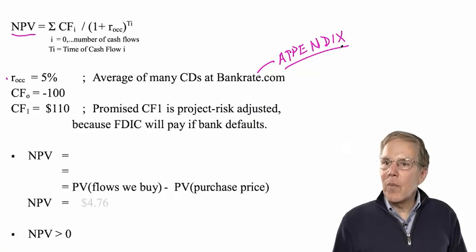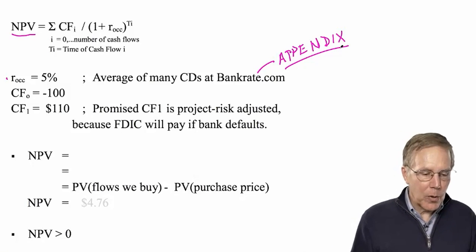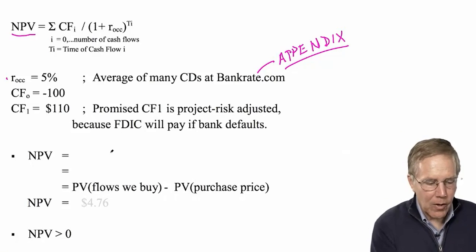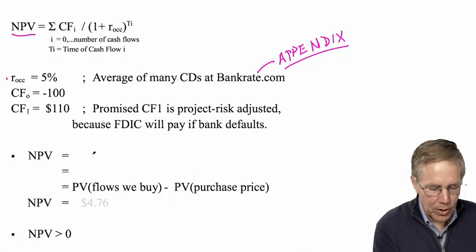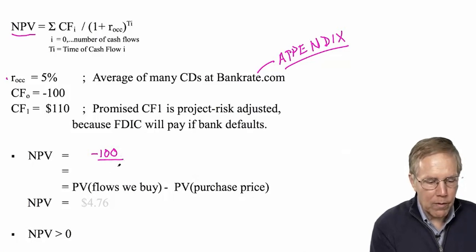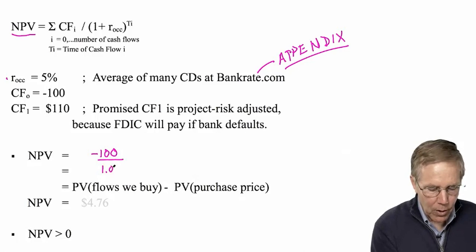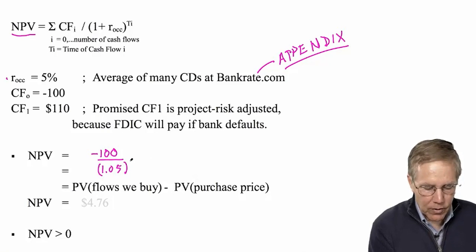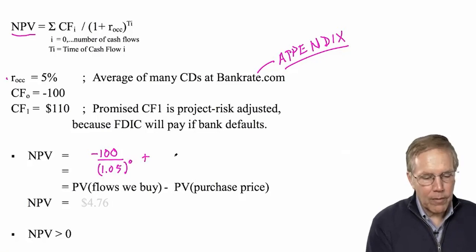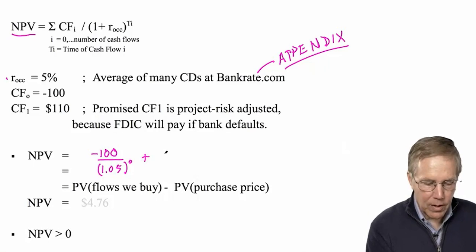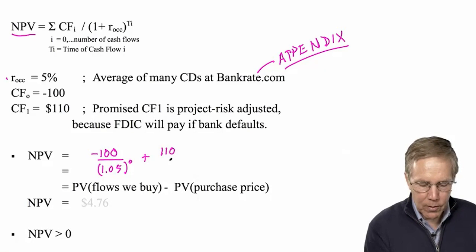Let's see what we can do with this. We're just going to apply the formula directly here. Okay, so the NPV is going to be equal to our first cash flow, minus 100 over 1.05 to the 0, plus, everything's algebraic, right, plus the 110 over 1.05 raised to the 1.